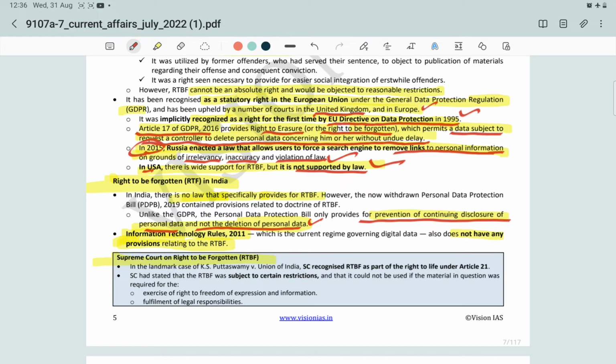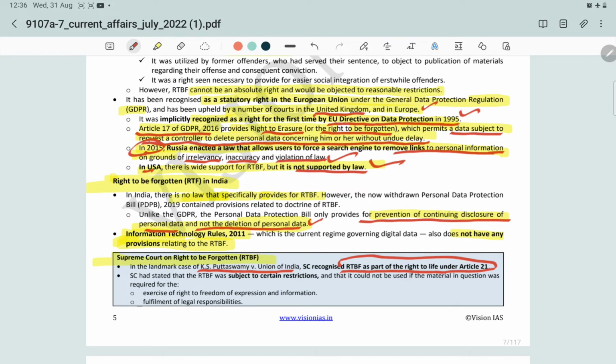And what is the take of the Supreme Court on this? In the landmark Puttaswamy versus Union of India case, the Supreme Court recognized the right to be forgotten as part of the right to life under Article 21.